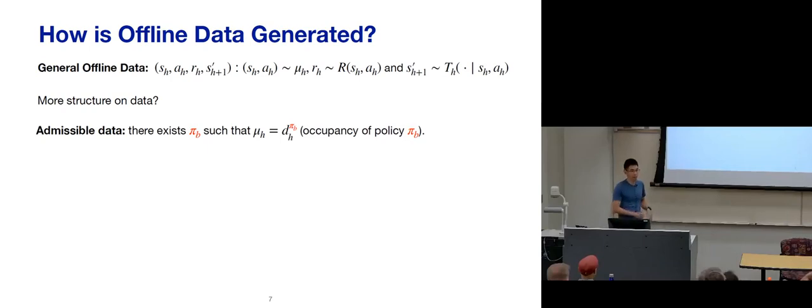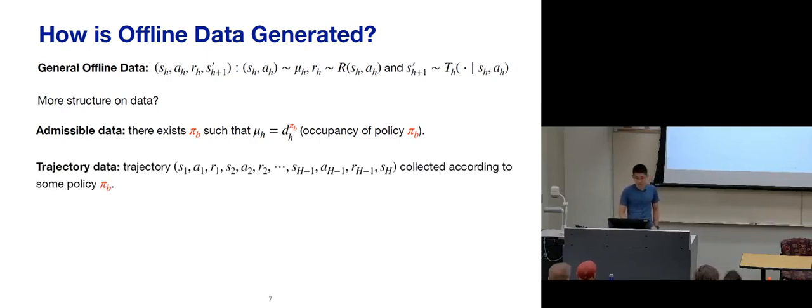One possible assumption is what we call admissible data. That is, we assume there is a policy pi b that collects the offline data. Every time it collects samples s_h, a_h, these state action pairs, according to the occupancy measure of this policy pi b. This is what we call admissible data.